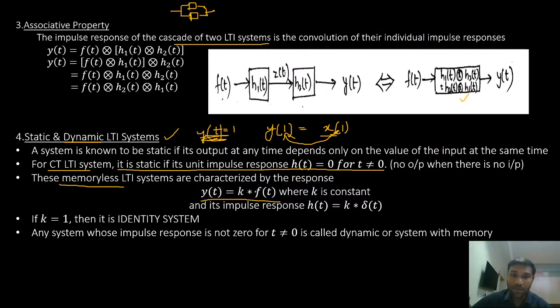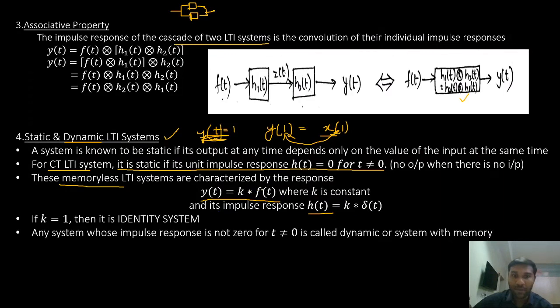My output at that particular time is my input multiplied by some constant. It can have any constant, right? And its impulse response h of t is always equal to k times delta of t.